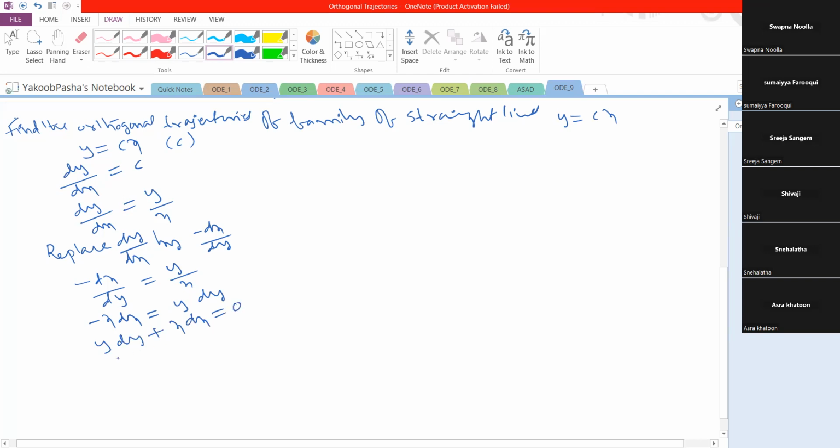By integration, we get y square by 2 plus x square by 2 is equal to the arbitrary constant c. That means x square plus y square is equal to c square. So for the family of straight lines, the orthogonal trajectory is a family of circles.